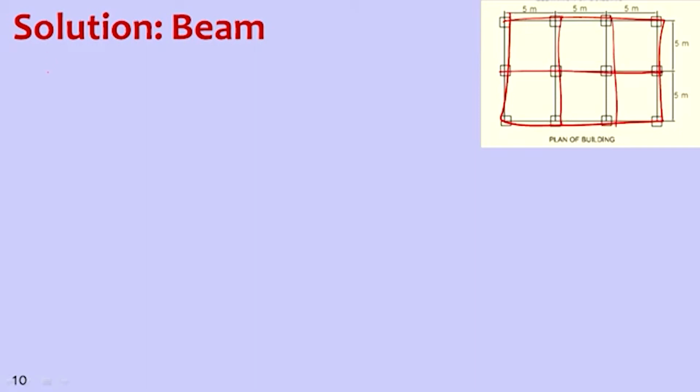The way we have calculated the mass of a slab, similarly the mass of beam will be, first of all, we have to calculate the volume. So for one beam, 0.23 is the cross section, 0.3 is the depth, multiply by length. Here let us consider the entire length. 15 meter is the length in x direction.